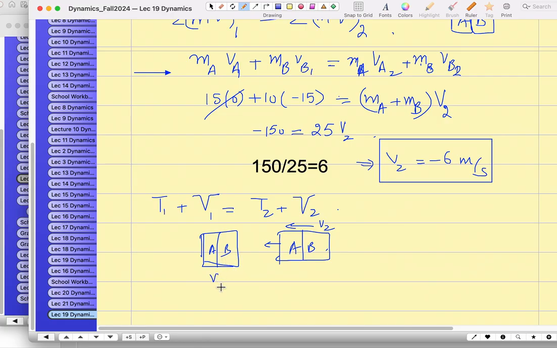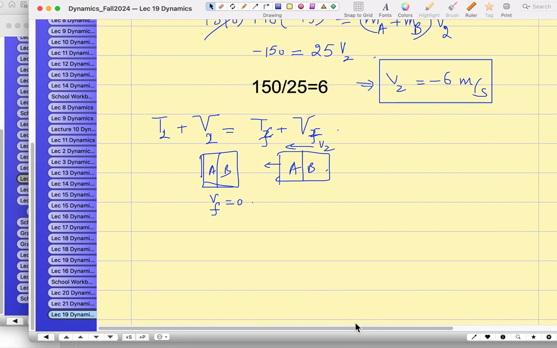Final is v3. Assuming this V2 is to the left, T2 plus V2 equals TF plus VF. Maybe it is more clear now. These are the two positions: this is position number 2, this is position number F. Agreed?